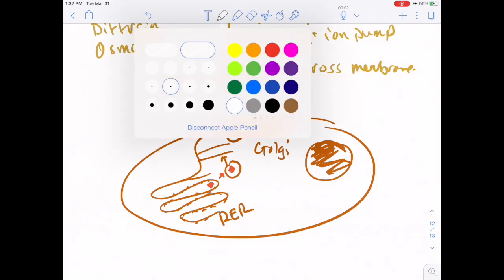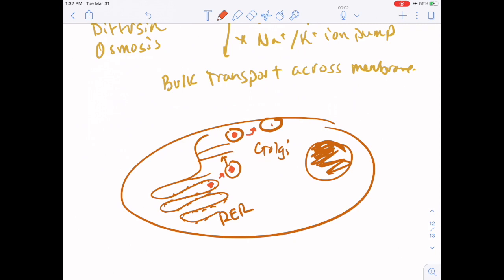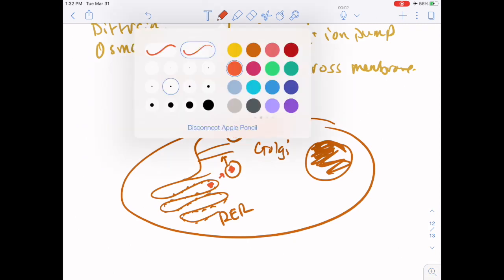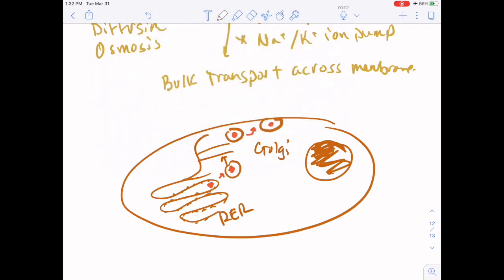And then a little hole is pinched in the cell membrane.